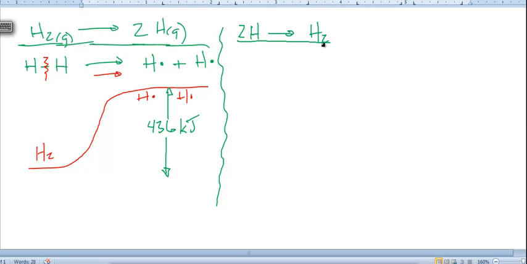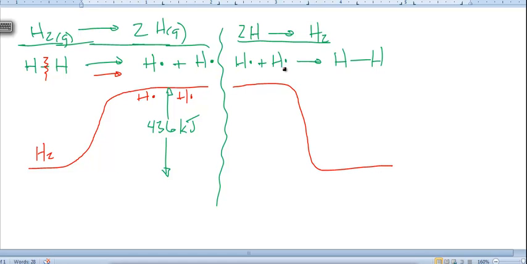Conceptually, that's like taking 2 individual atoms and putting them together so that they can form their single bond again. And in terms of chemical potential energy, that is an exothermic process, and the energy associated with that is now negative 436 kilojoules. And I should say per mole here to be precise.